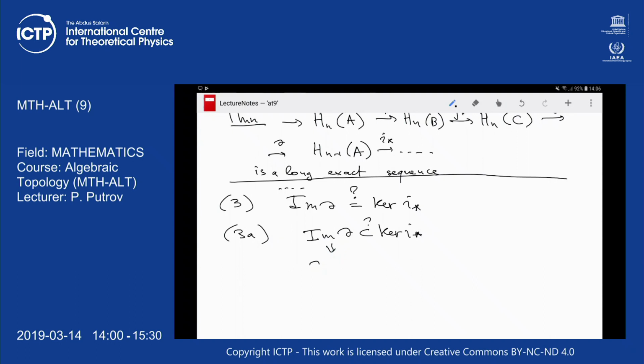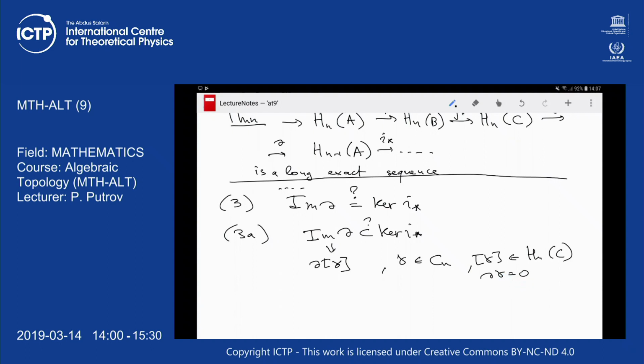It will be D acting on some element in homology of complex C. So here gamma is in Cn, and it represents a class in Hn of C. This means that the boundary map should give 0 acting on gamma.